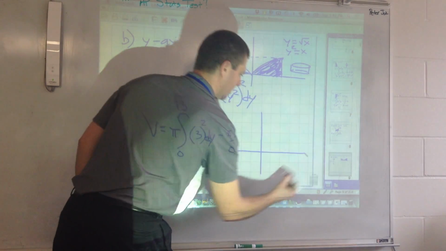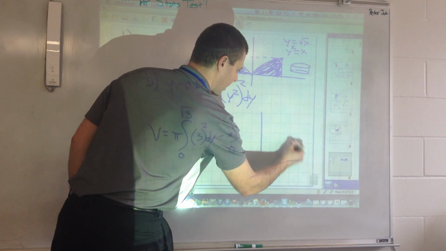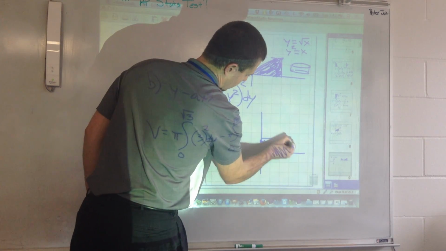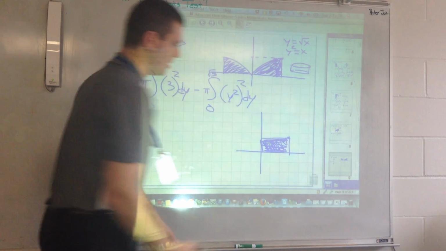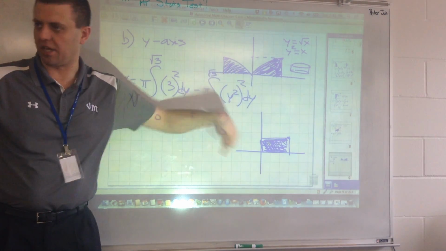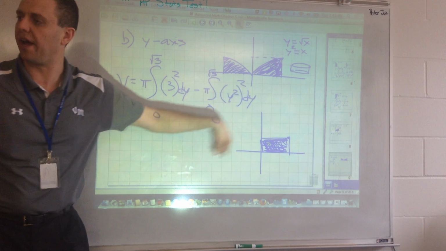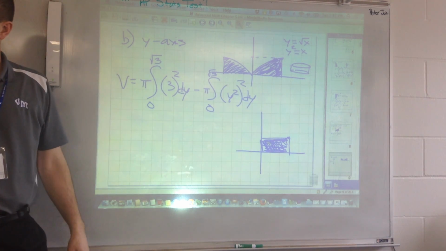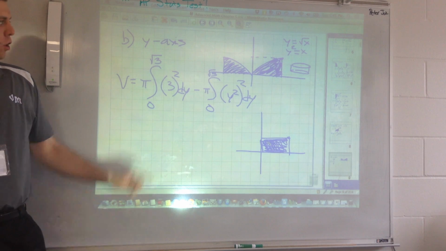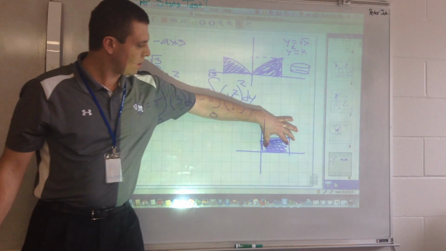So what I'm pretending first here is that I'm taking that entire section and rotating it around the y-axis. But you didn't go up 3, you went over 3, because you're going around the y-axis.